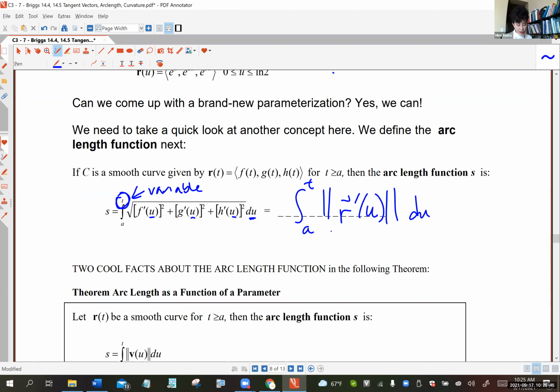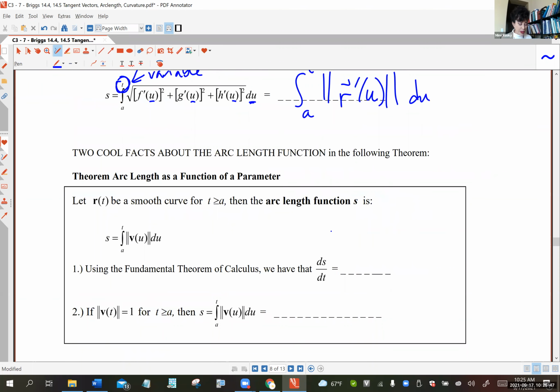Okay, fine. Now, this looks really complicated. So what are two cool facts about the arc length parameter or the arc length function? If you use this arc length function to reparameterize your vector valued function, then some things kind of fall out of it.